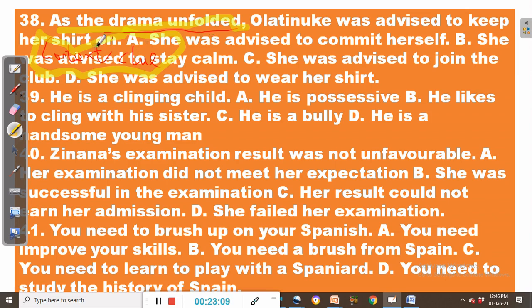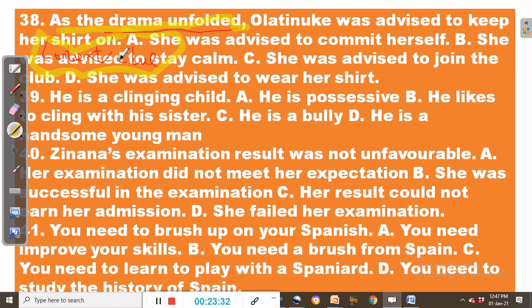And then keeping her shirt on gives us a picture of someone who is expected to keep calm, not to be agitated, not to be disturbed, not to be emotionally dislocated, if you like.